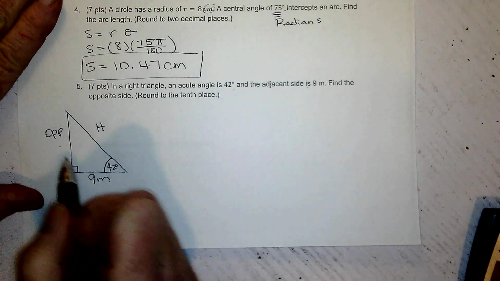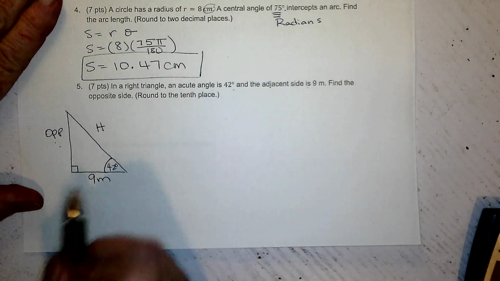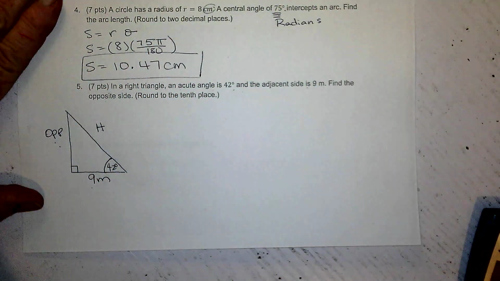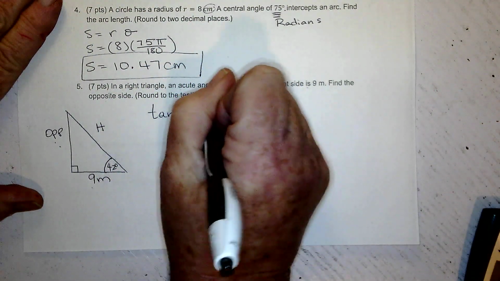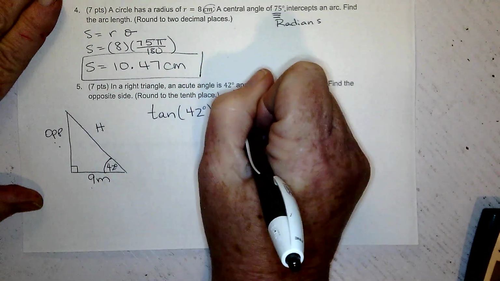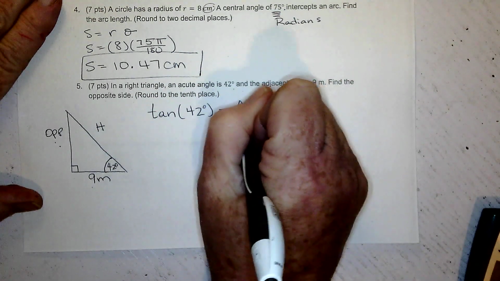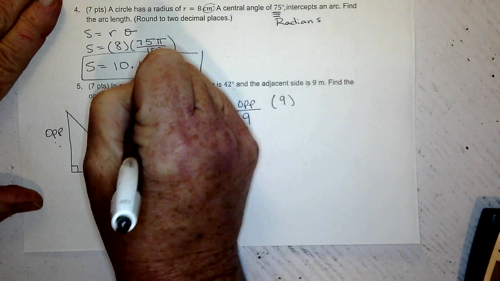Well, if we are looking for the opposite and we have the adjacent, which function is that? Sine, cosine, or tangent? And that is going to be tangent. So the tangent of the angle is the opposite, which we're looking for, over the adjacent, which is 9. We have to multiply both sides by 9.